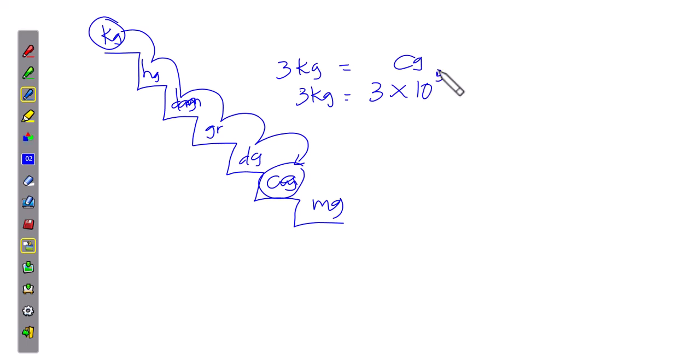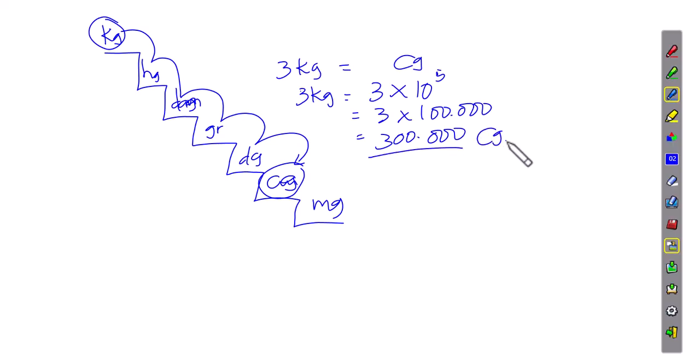Then we have 3 times 100,000 equals 300,000. The point of converting is don't forget about the units. After you find the result, put the units to show that you have converted from kilogram to centigram.